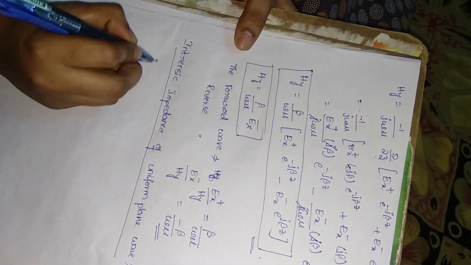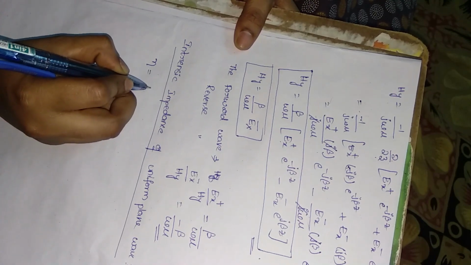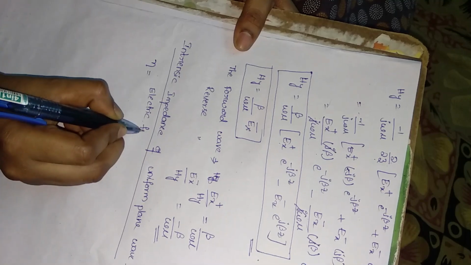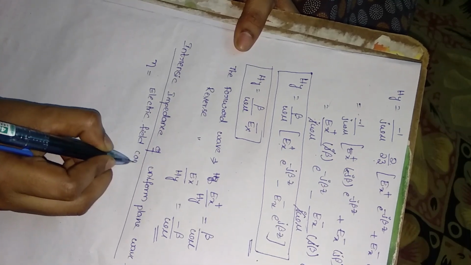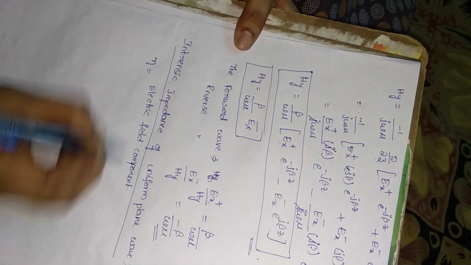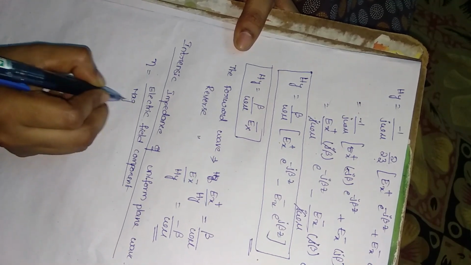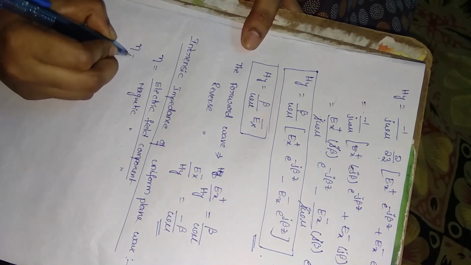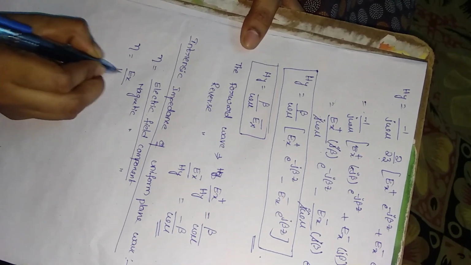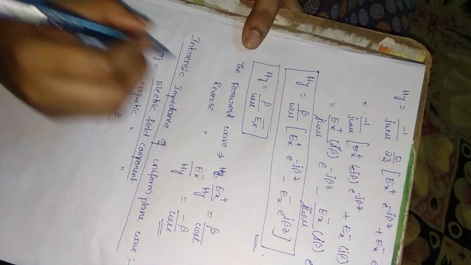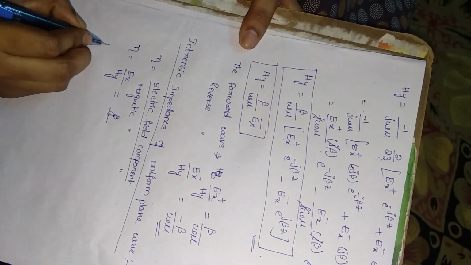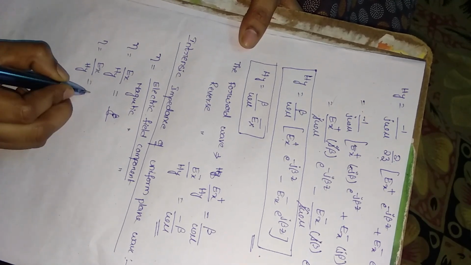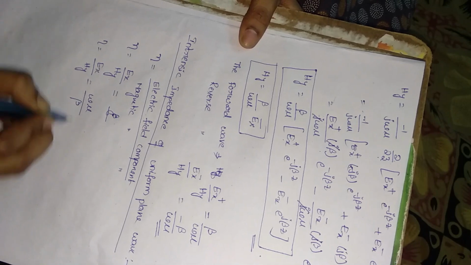The intrinsic impedance eta is the ratio of the electric field component to the magnetic field component. So eta is equal to Ex divided by Hy. From the above equation, eta is equal to Ex by Hy is equal to omega mu divided by beta.